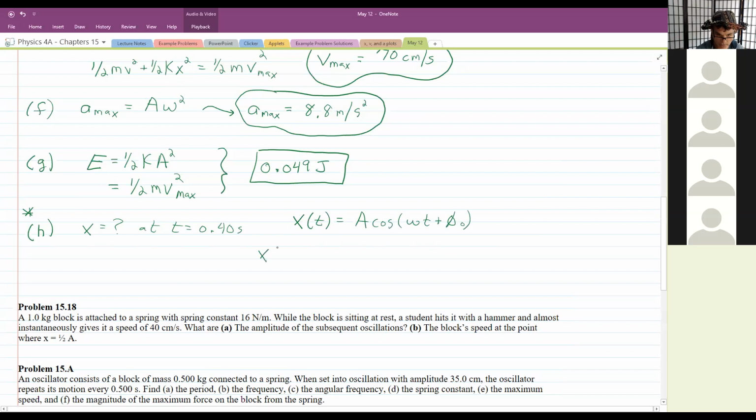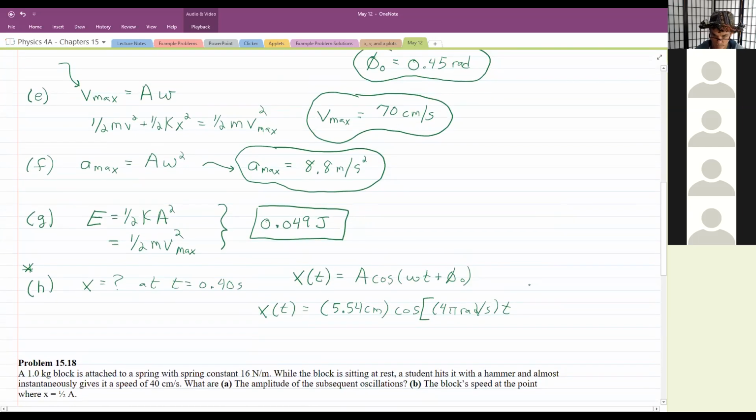So my position as a function of time is going to be 5.54 centimeters times the cosine of 4 pi radians per second times t plus the phase angle, which we saw was 0.45 radians. So all I have to do is plug in t equals 0.40 seconds into this equation, and out it's going to pop my position.